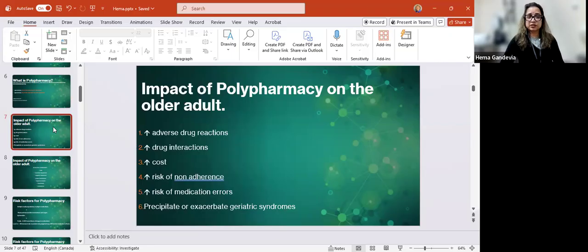Now, to address what is the impact of polypharmacy on the older adult, who's your typical patient who's got multiple comorbidities, you have an increase in adverse drug reactions, sometimes manageable, sometimes it could become serious, that could lead to hospitalization too.